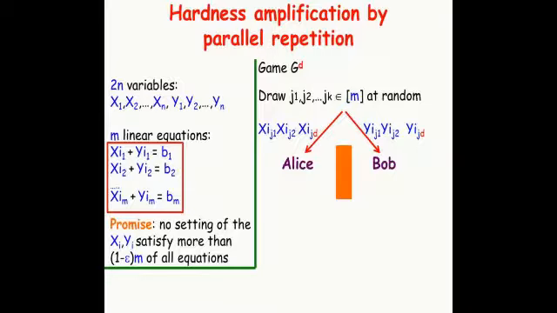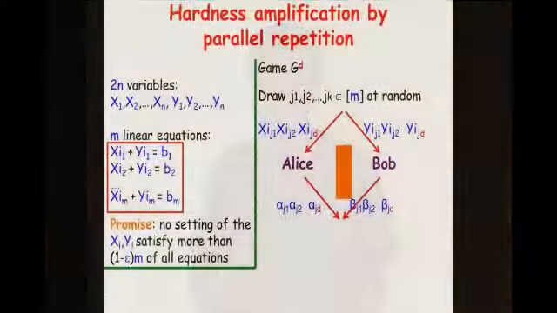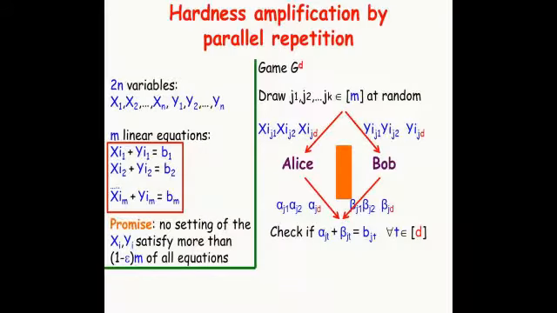I give Alice the d x variables, and I give Bob the d y variables. And I ask them to provide me with values so that all of these equations will be satisfied. Right? The obvious thing. Yes? Is K the same as D? No. Where's K? Yeah, it should have been D, of course. So, very good, that's D. Thank you. I picked D equations.